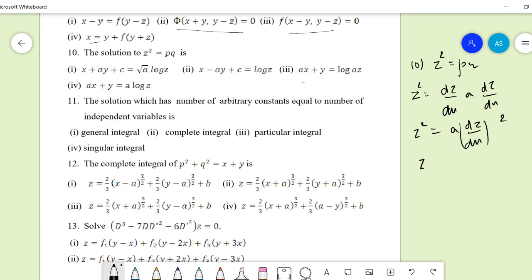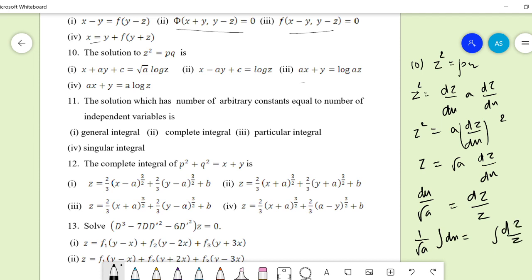Now taking square root on both sides, z equals root a dz by du. Now use the variable separable method. You should combine z term with dz, remaining term with du. So du divided by root a equals dz divided by z. Integrating on both sides, 1 by root a du equals dz by z.